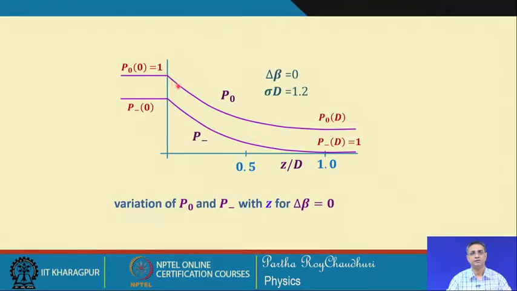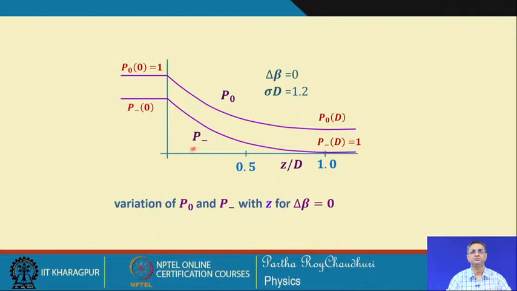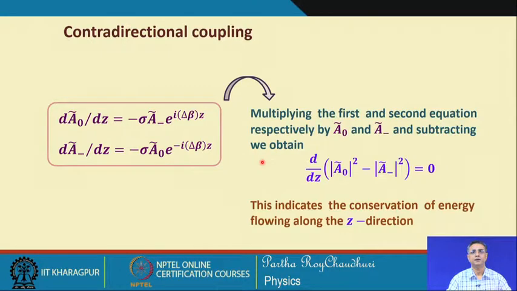So, the power in the incident beam is reducing, and the power in the diffracted beam is increasing, and this is the consequence of this equation. At any point, the difference of this power maintains the conservation of energy, which comes from this equation.